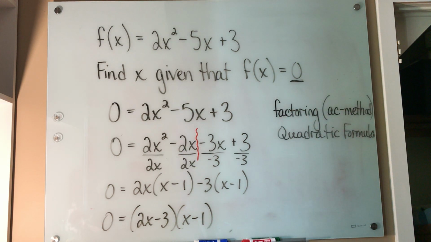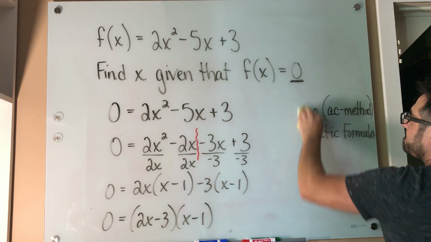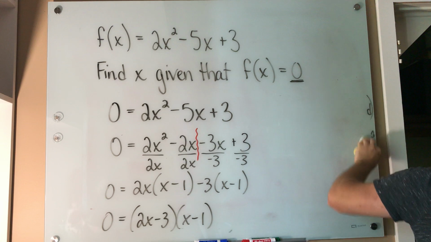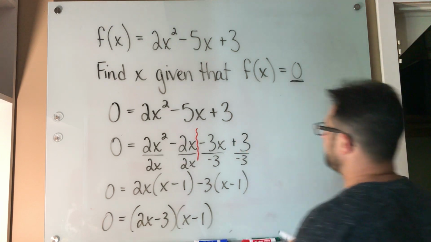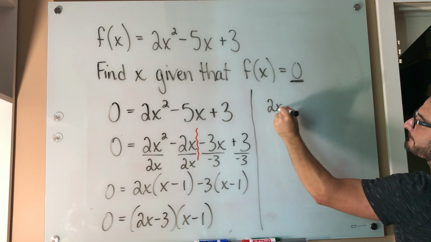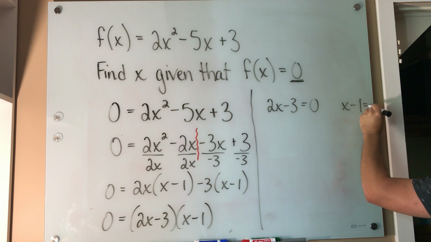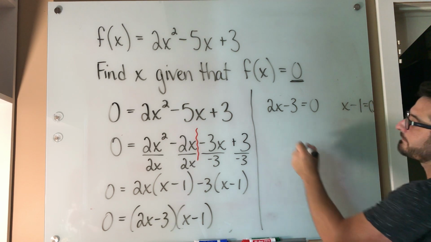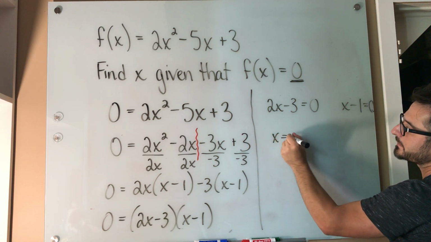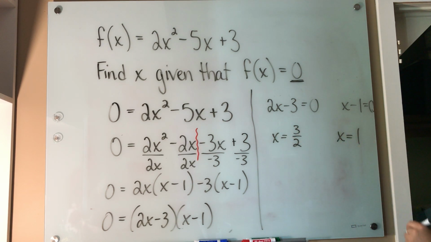Each of those can then be set equal to 0 and solved independently. And we get 2 solutions, which again, for a quadratic function, is to be expected.